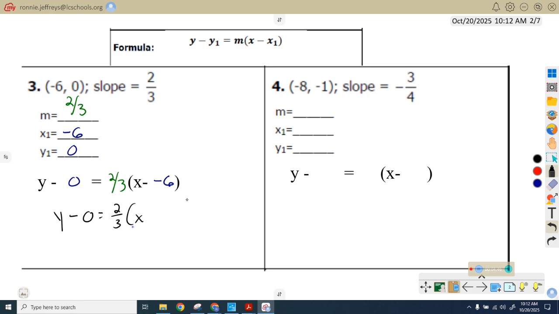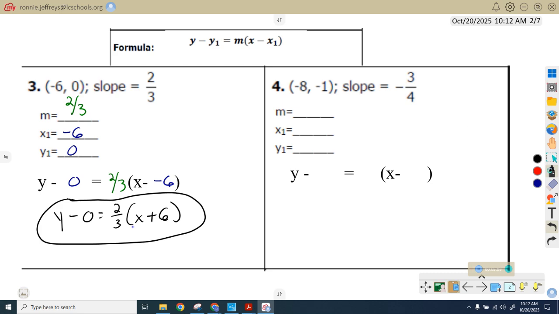Now, minus a negative is what? Positive. Plus a positive. Okay, so that's how I would want it answered. Now, further on, later this week, first of next week, we're going to be using this a lot to get to something else.